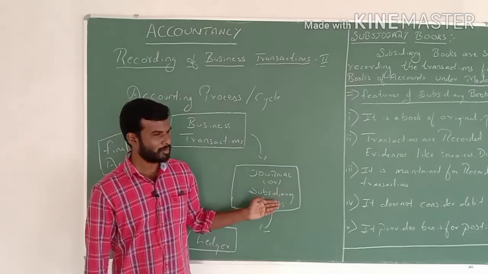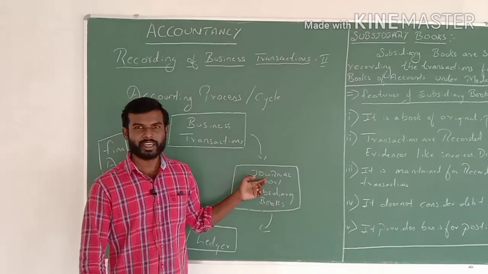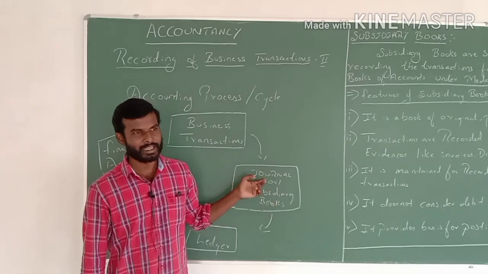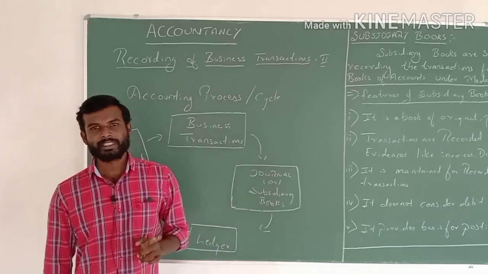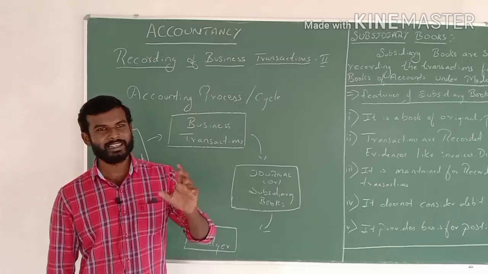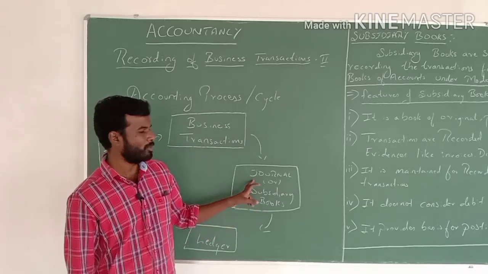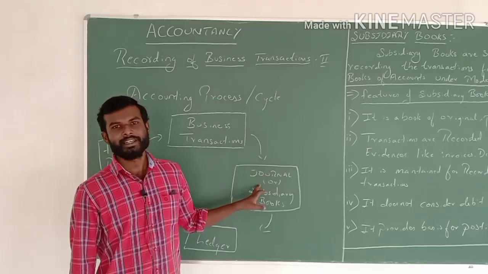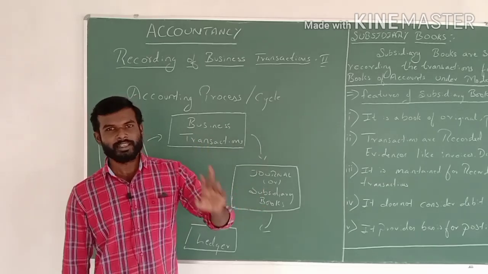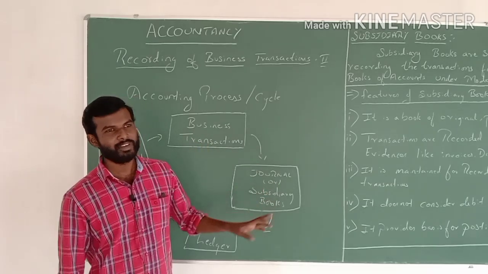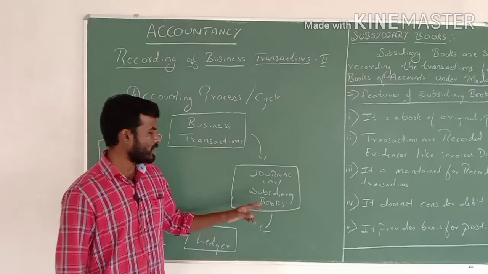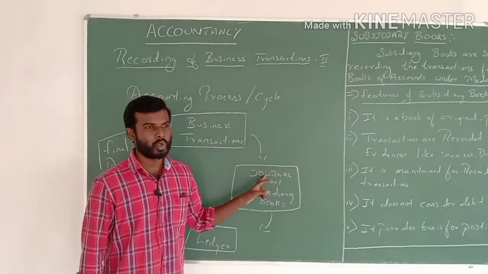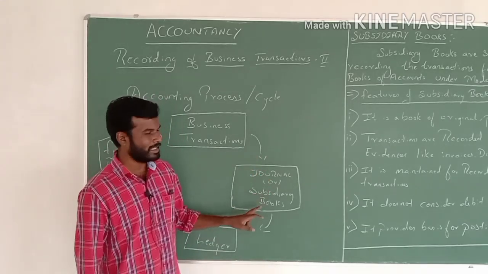Small businesses have fewer transactions, so we can record them in the journal. But big concerns have a huge number of transactions, so we can't record them in the journal. We need to move to the next step, the subsidiary books.